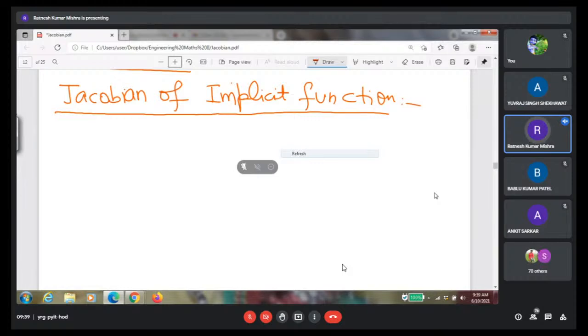So that is the explicit function. If you could not write it that way, that is the implicit function.